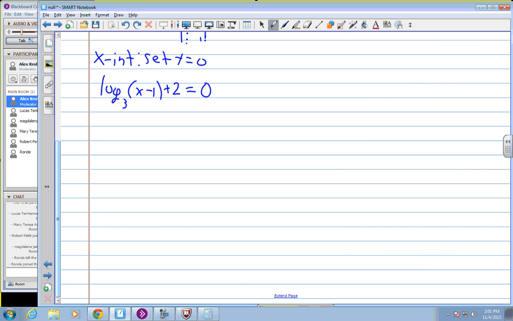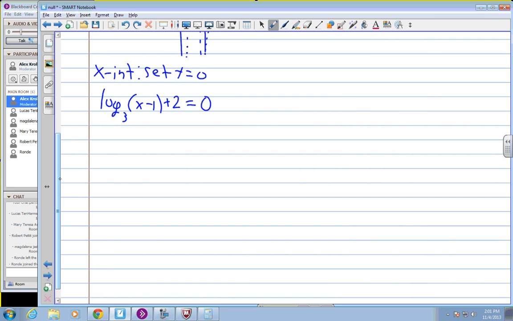I'm jumping a little bit ahead. I'm about to solve a logarithmic equation because the variable is all the way on the inside of the log. How do we solve any equation? Let's subtract 2 from both sides. So we get log base 3 of (x minus 1) equals minus 2.